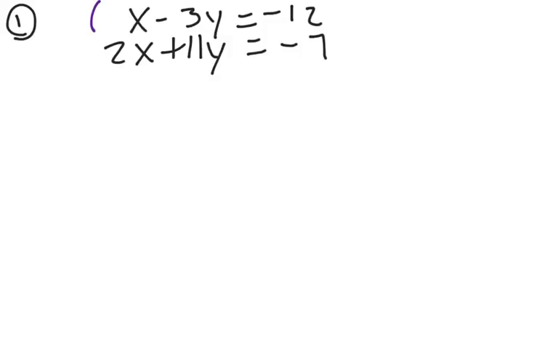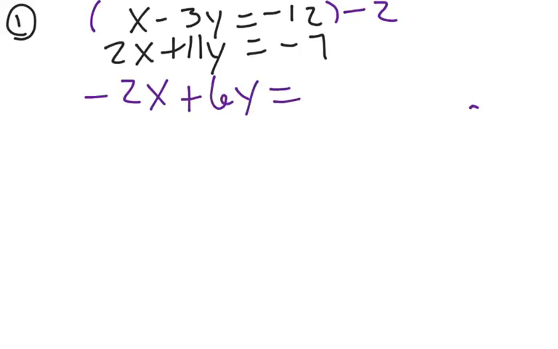So to do that, I would take everything in the first equation and I would multiply it by a -2. And so my first equation becomes -2x plus 6y equals a +24. I took everything in the first equation times -2. I'm not making any changes to the second equation, so I just bring it down. 2x plus 11y equals -7.